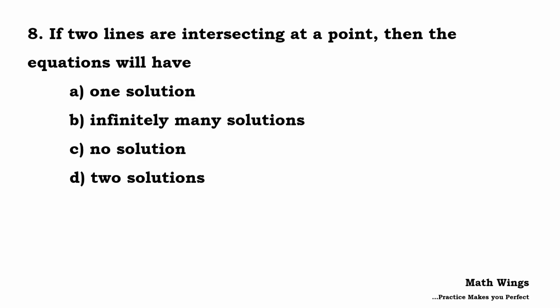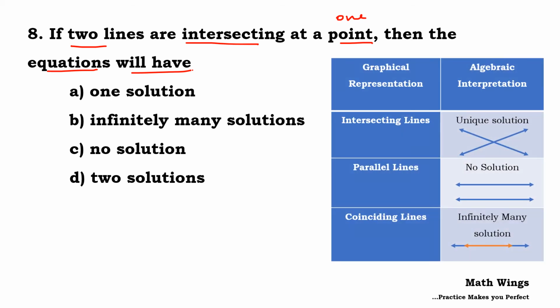Question is, if two lines are intersecting at a point, that is only one point, then the equations will have how many number of solutions? So already we have studied that when we have intersecting lines, we'll have a unique solution. It means only one solution.